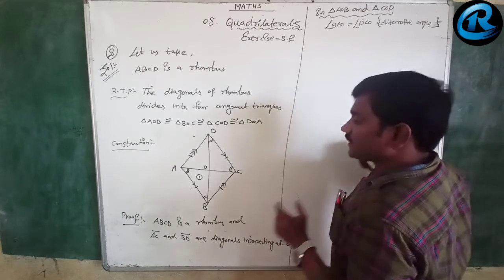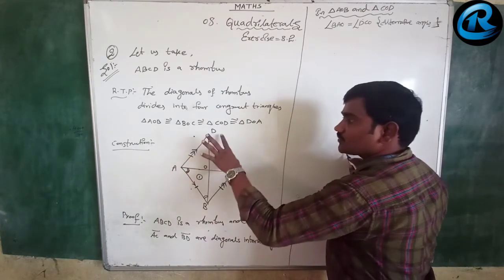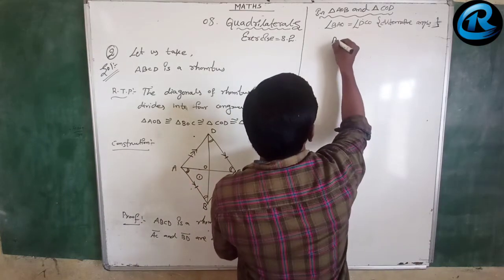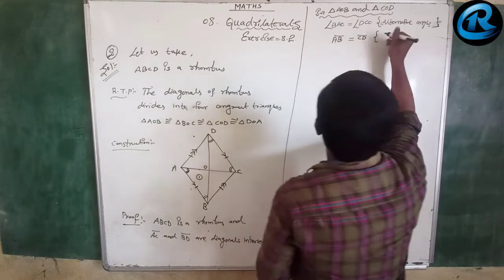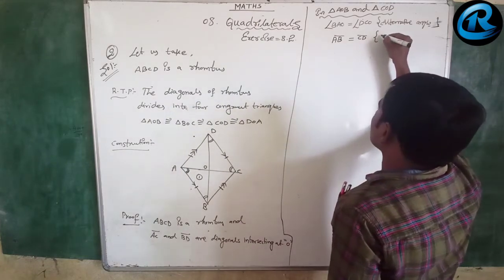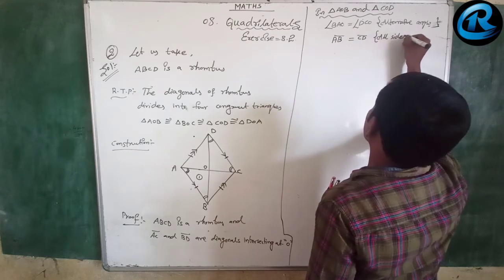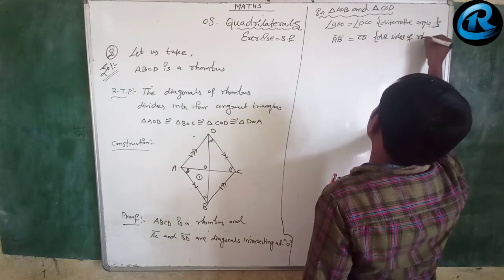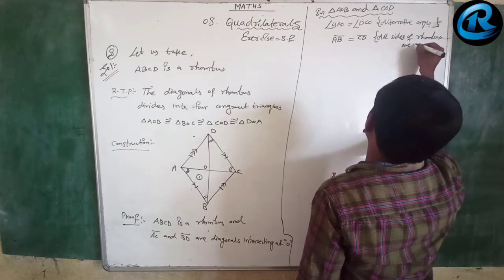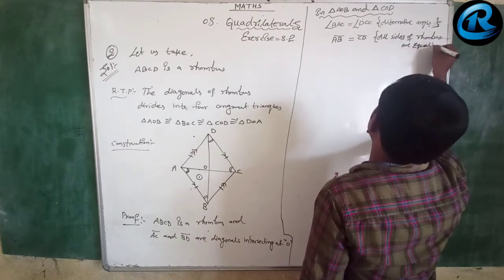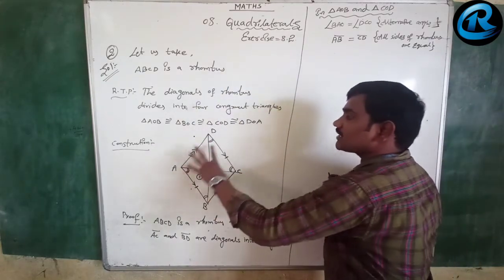Let us write alternate angles. Then we write here AB is equal to CD. All sides of a rhombus are equal in length. So according to that, AB is equal to CD.